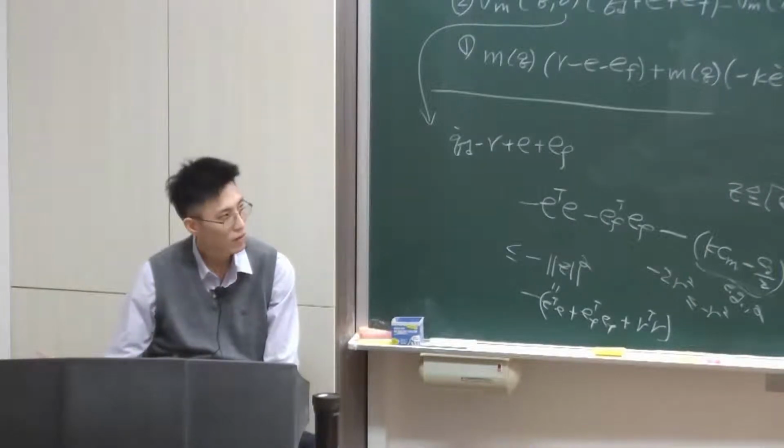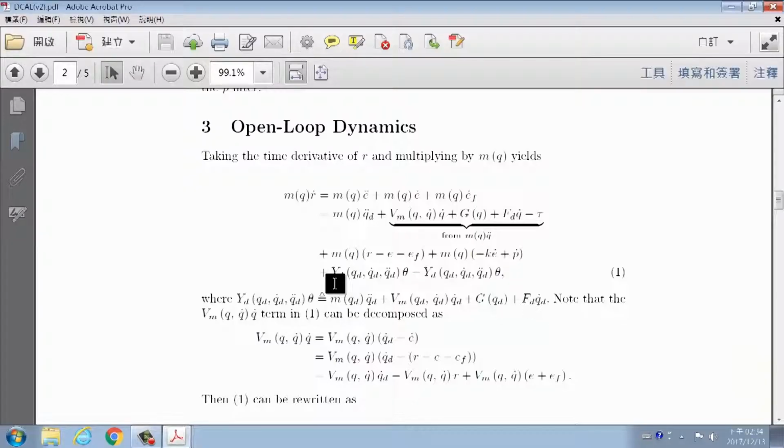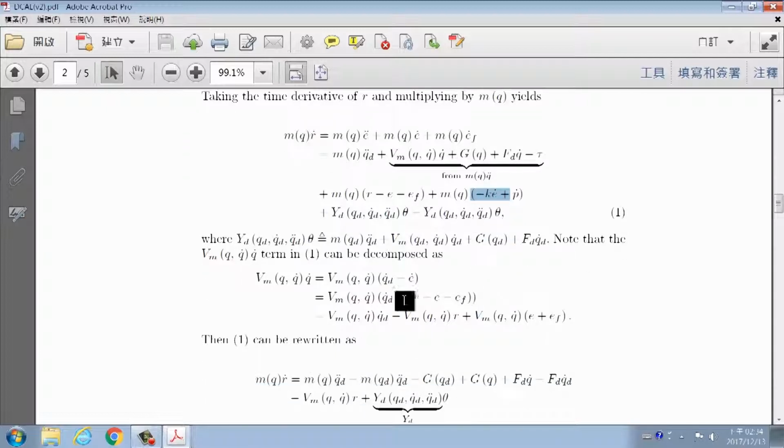But it takes a lot of design in the filters, so it can cancel out the terms. As I said, Q dot is not measurable. So in here, E dot is also not measurable. That's why we need to replace E dot by another term.